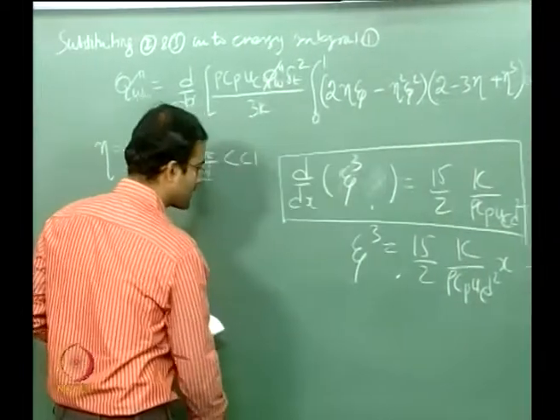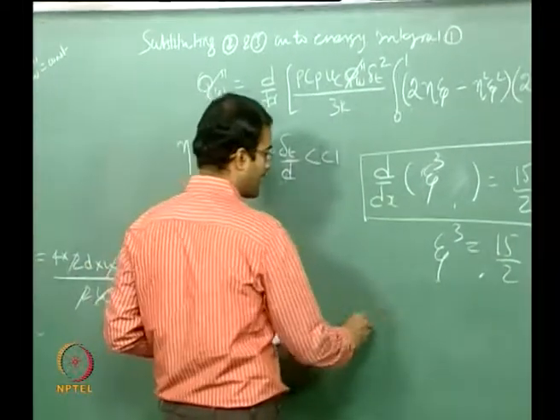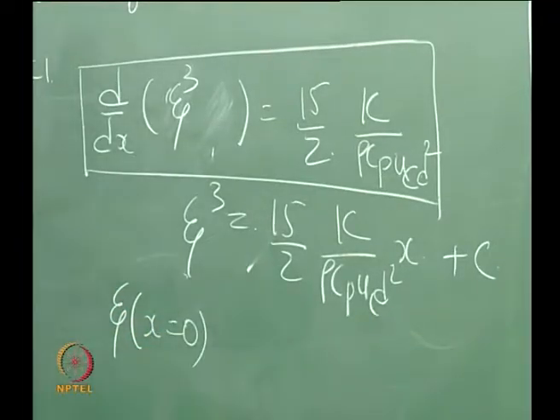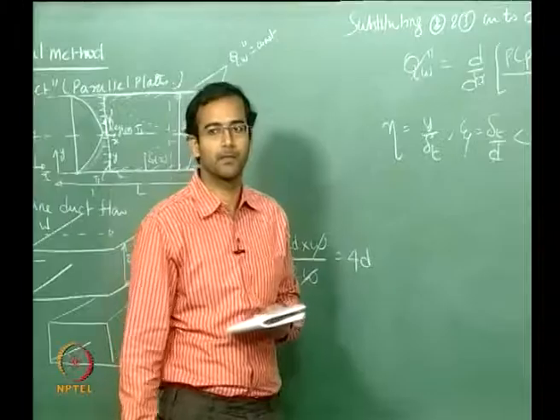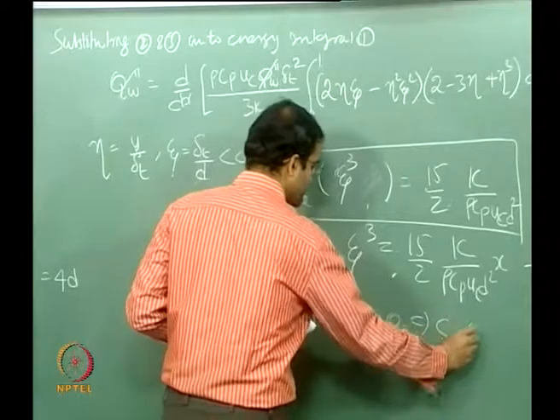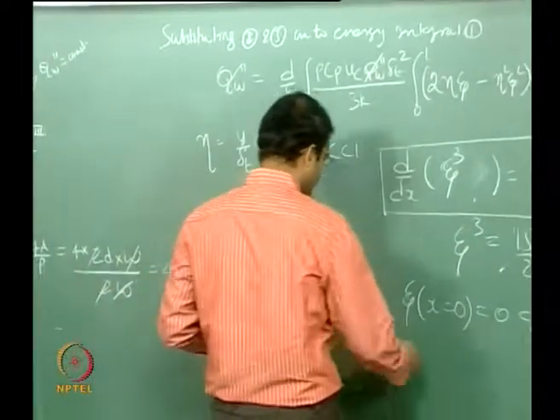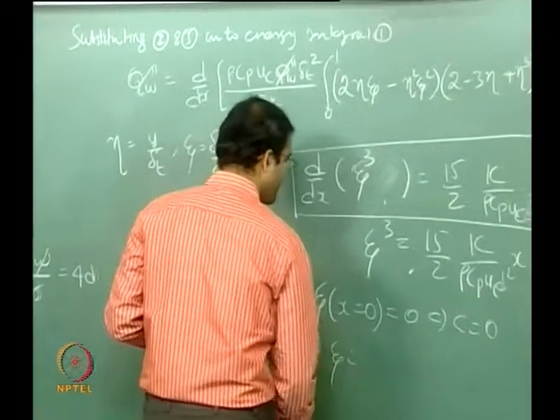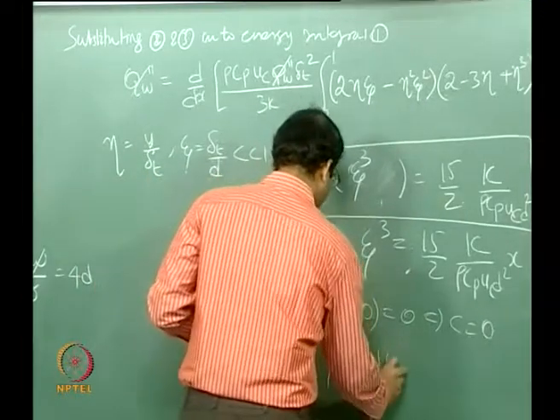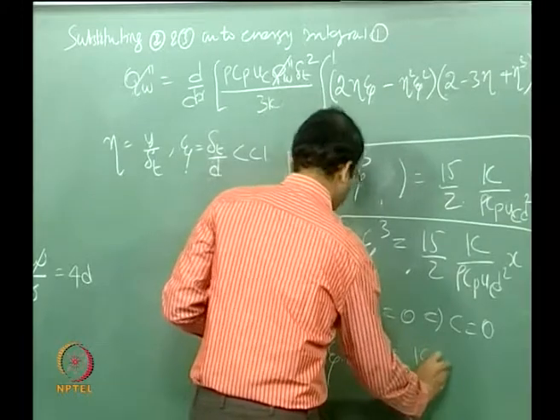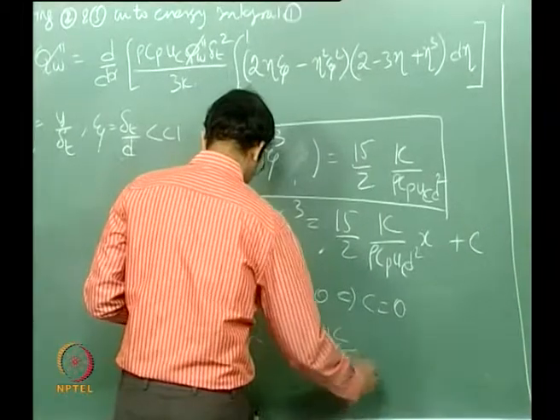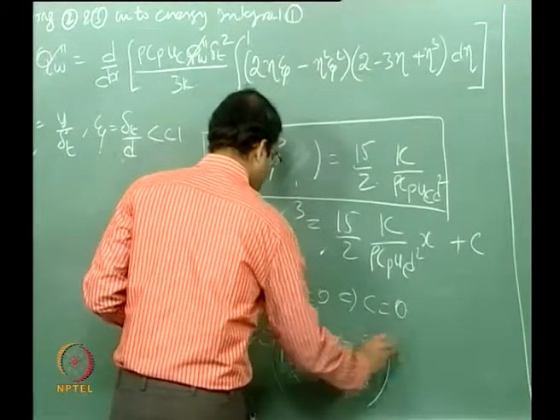I can evaluate this constant with the condition that at x equal to 0, zeta should be what? 0. Therefore the constant is 0. So my zeta will be 15 by 2 into k by rho Cp uc d square into x, the whole power 1 by 3.